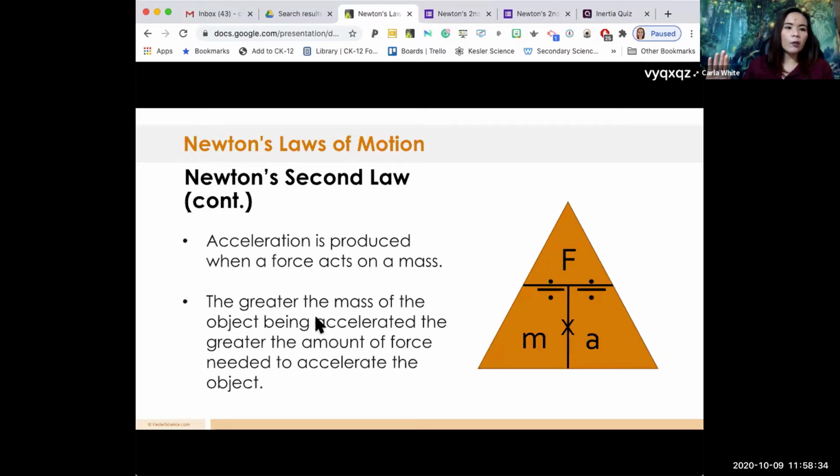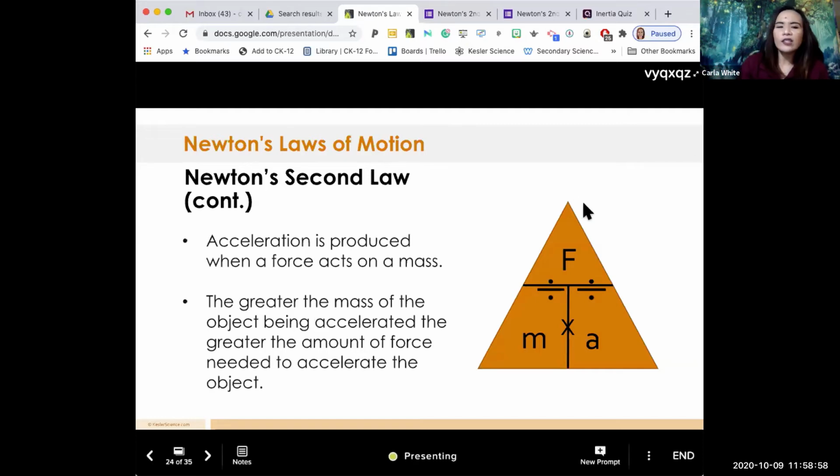It's easier compared to if you have a full load of grocery cart, right? So you exert more force on a heavier cart than the lighter one. So that's what Newton's trying to say. So let's learn how to use this triangle, all right? Because you can actually determine or find the force, the mass, and the acceleration using this triangle.